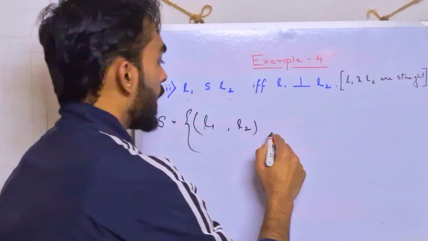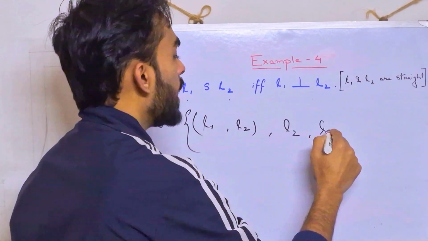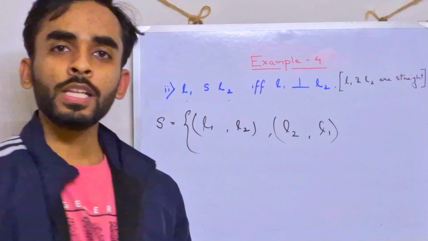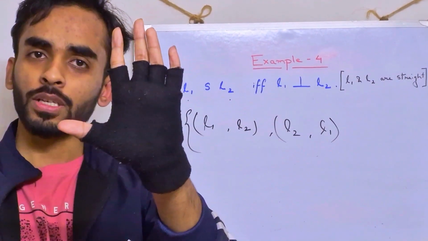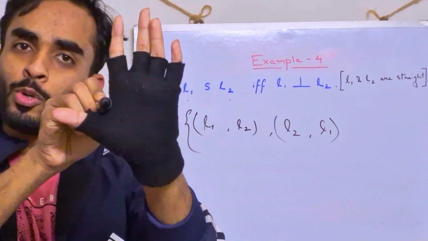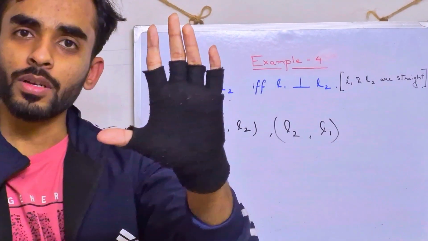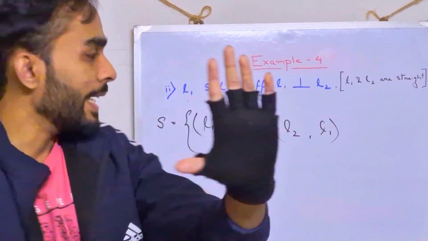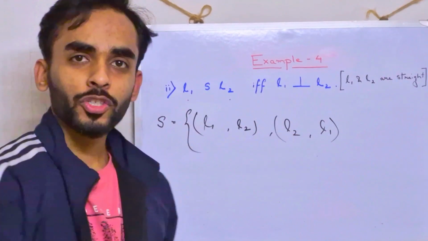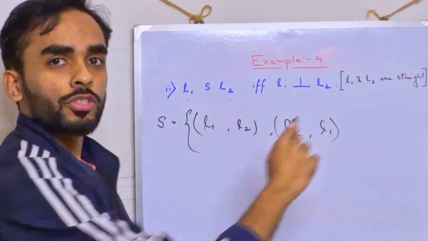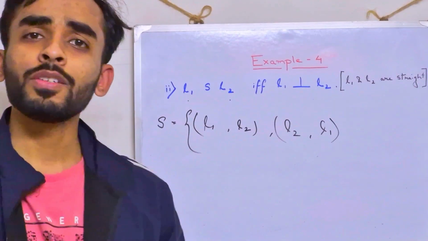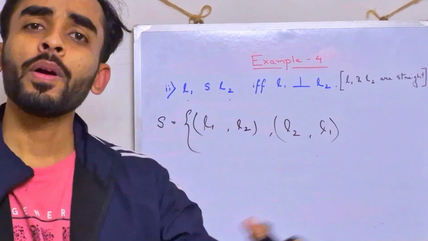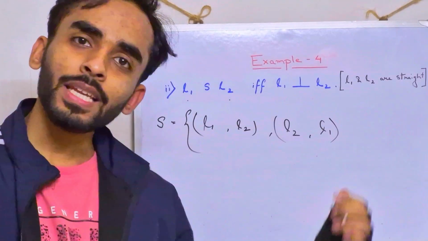Now, can L2, L1 also be in the relation S? See, L1, L2 was in the relation S. But L2, L1 is also perpendicular. Therefore, it can also be in the relation S. It fits our condition, right? If L1, L2 is in relation, L2, L1 is in relation, then it is symmetric.